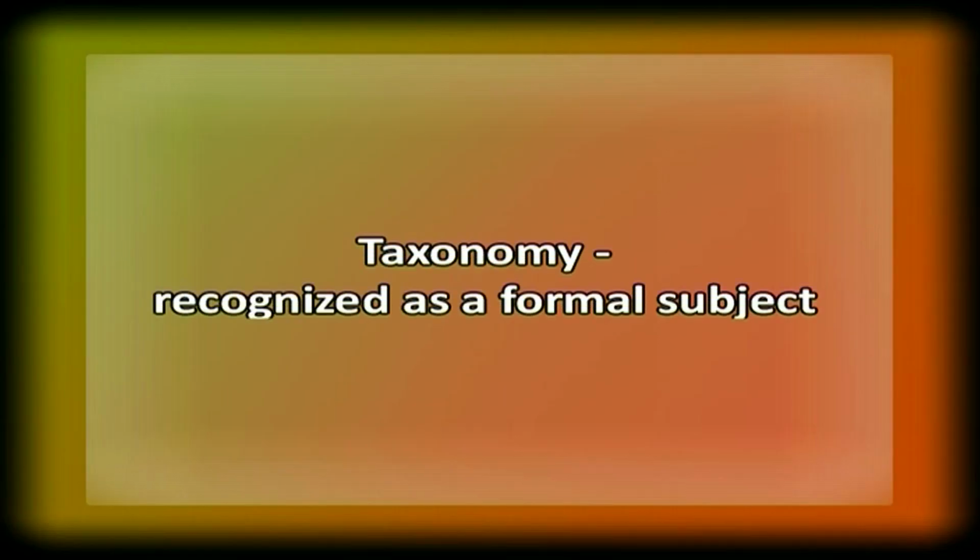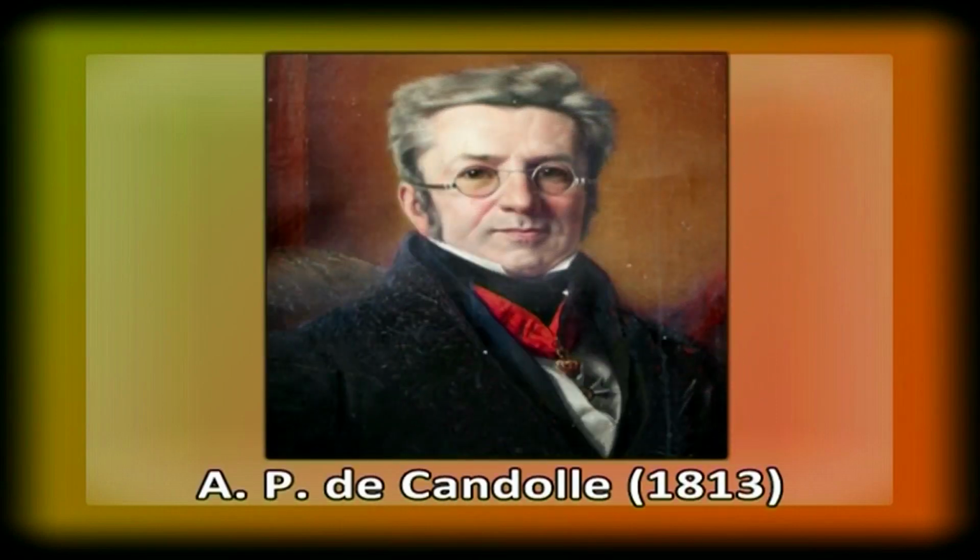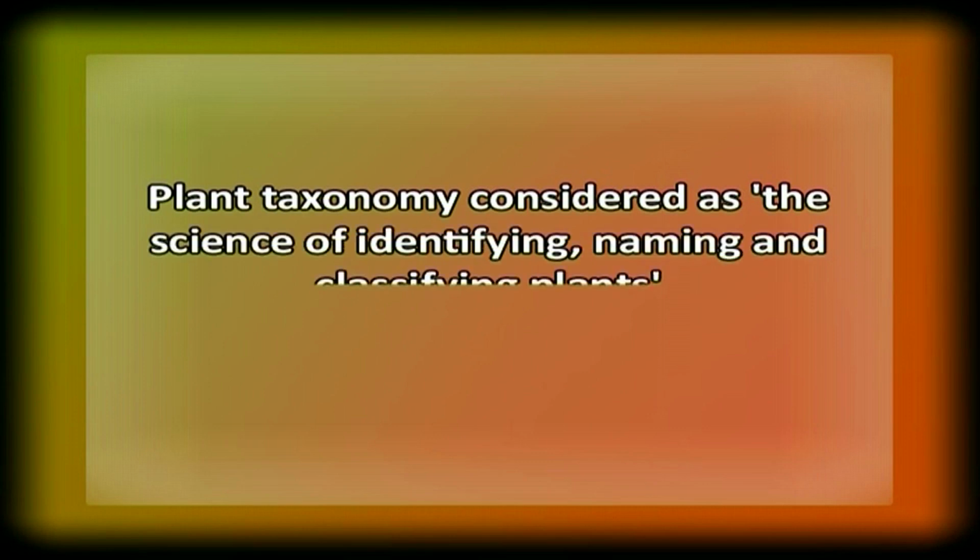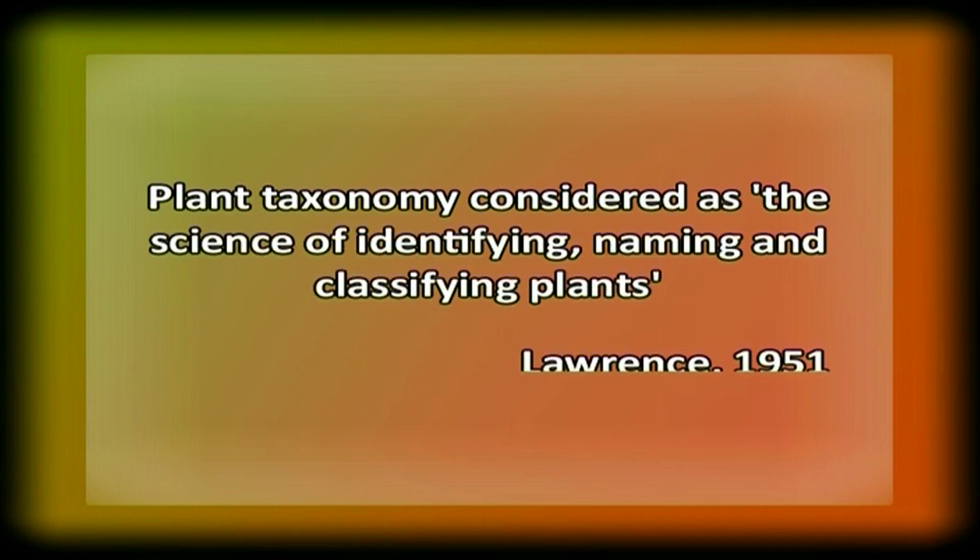Although man has been classifying plants since the advent of civilization, taxonomy was recognized as a formal subject only in 1813 by A.P. de Candolle. For a long time, plant taxonomy was considered the science of identifying, naming and classifying plants.